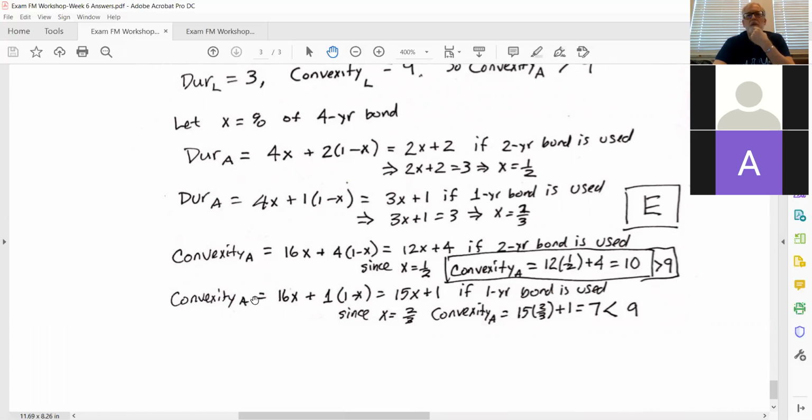If we use the 4-year and the 1-year with the percentage equal to 2/3, then we get a convexity of only 7. So by checking the convexities, we can see that we need to use the 2-year and the 4-year, which is answer E.